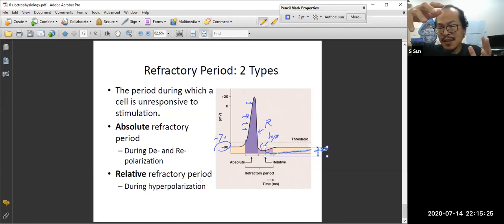That's an excitable cell. And then we will talk about the nerve cells. That's an excitable cell. And all of them follow the same principle: they have resting membrane potential, they can be excited, and they can generate action potential. And this is action potential. All right?